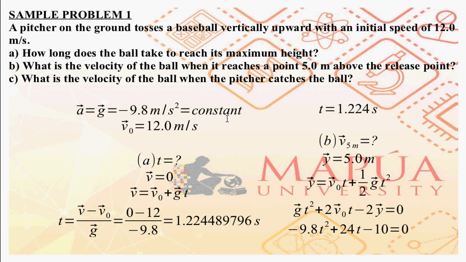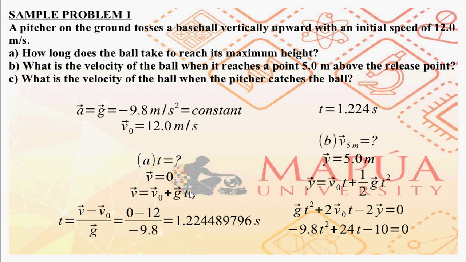This is uniform acceleration analysis basically. So you have four equations to choose from. One equation is v is equal to v naught plus gt. If you look at the known values, we know the final velocity v, v naught, and the acceleration due to gravity.